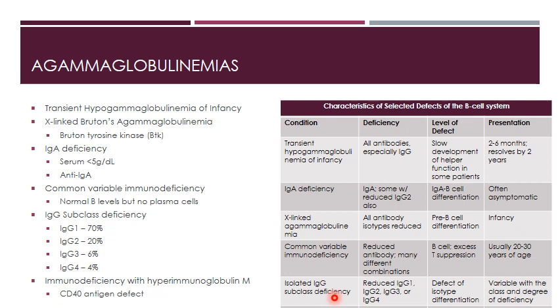Okay, next thing, the IgA deficiency. We kind of talked about this before in blood bank because it is an issue in the blood bank. This is actually the most common immune deficiency that we find. We see that 1 in 500 persons of American or European descent have an IgA deficiency. Very, very common.